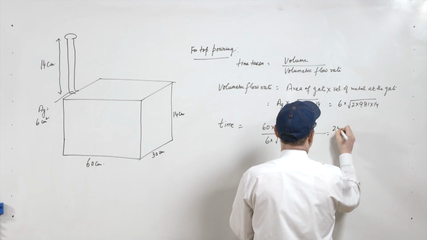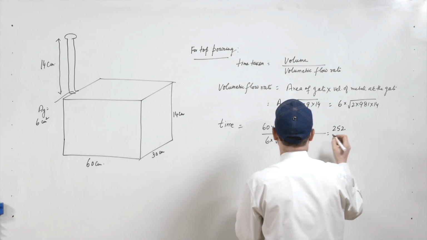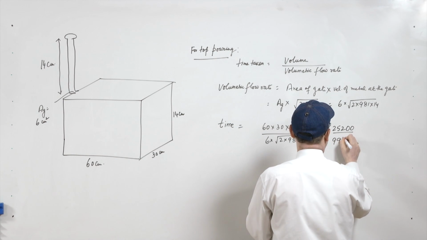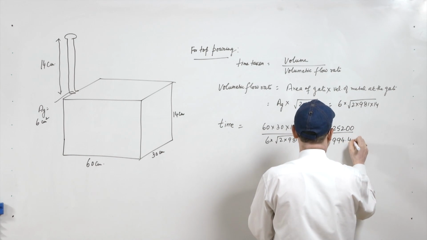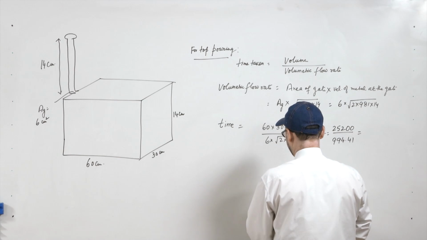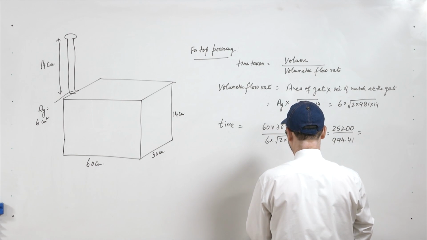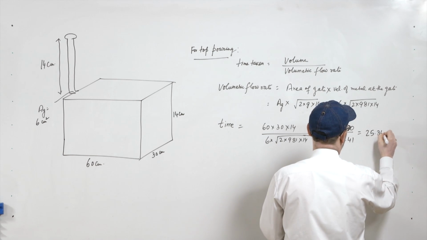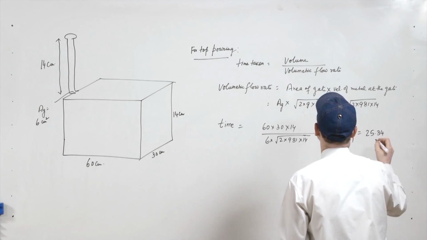So, 25200 upon 994.41, and so it will be 25.34 seconds.